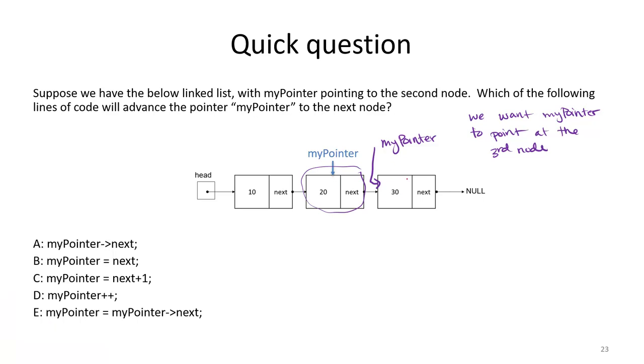Okay, well, let's talk through. Notice we want my pointer to point at this location, the third node, which is located at my pointer arrow next, right? Because my pointer is currently pointing at the second node, so my pointer arrow next is pointing at the third node.